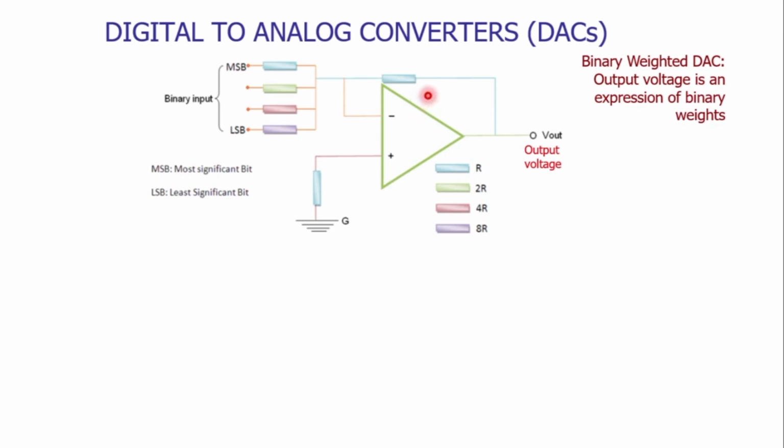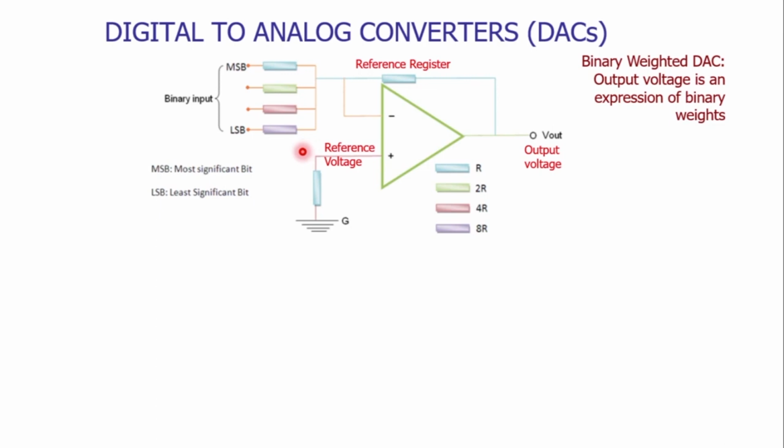In the path of feedback, we are attaching a reference resistor. To the non-inverting input terminal, the reference voltage is attached. At the inverting terminal, we are applying the input.